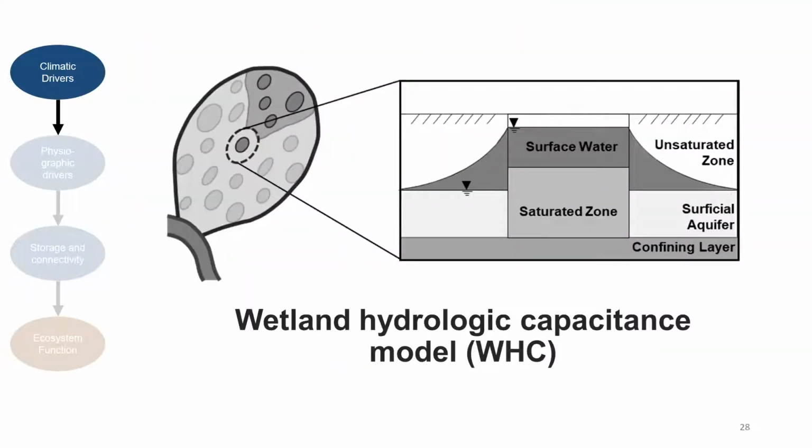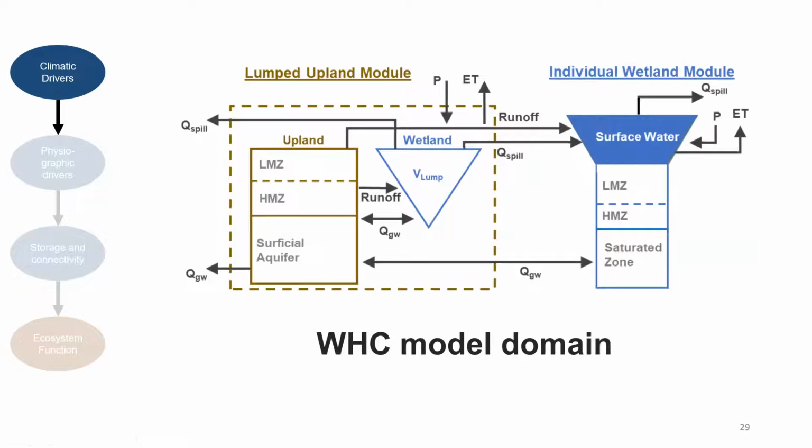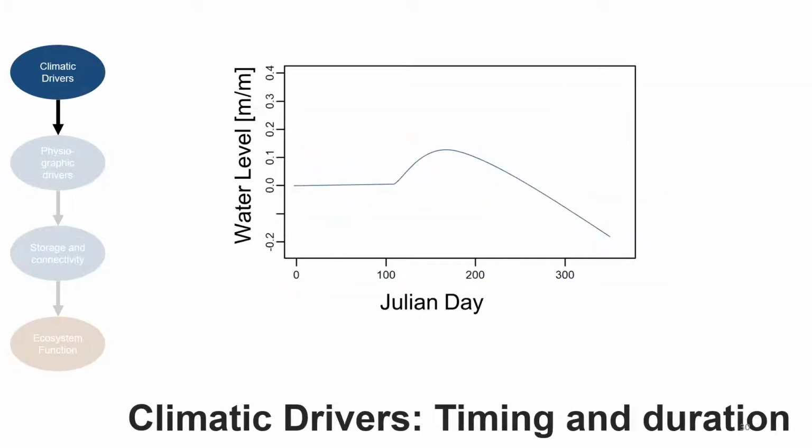To interrogate what the shapes of their hydrographs look like, we developed a simple bucket model to look at hydrologic drivers. I don't want to go into too much detail, but essentially there's two buckets, and we're just shifting water between the wetland and its surrounding upland. When I show you these plots, they're kind of unintuitive.